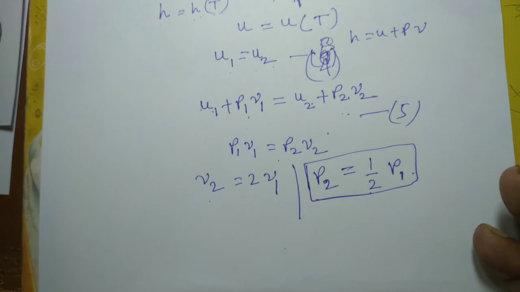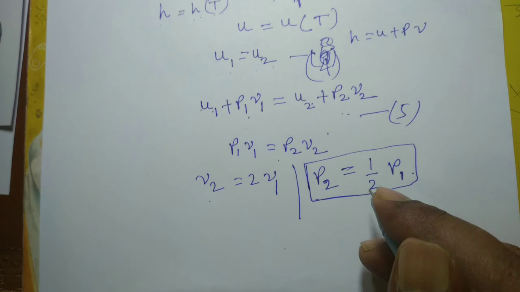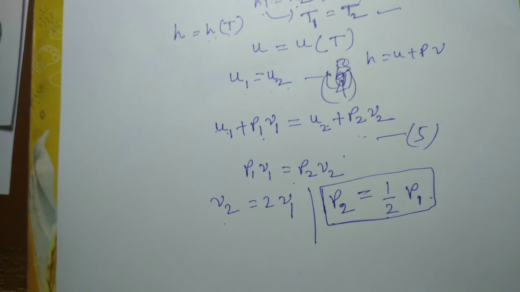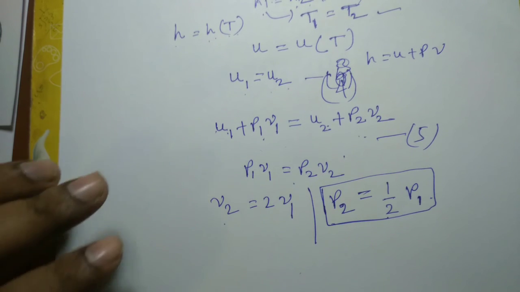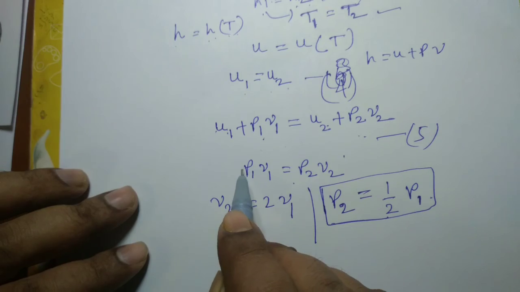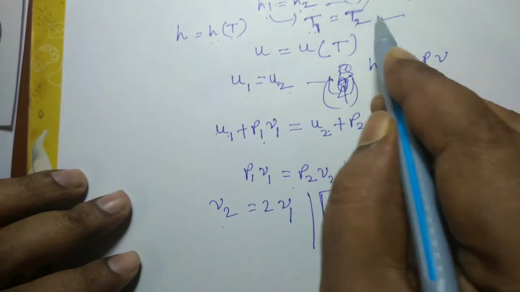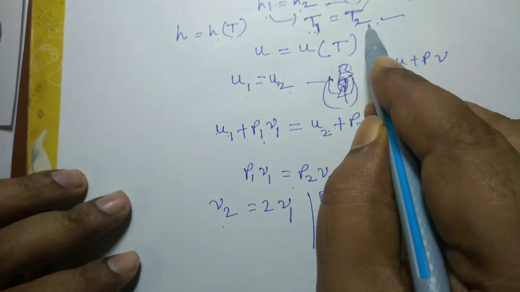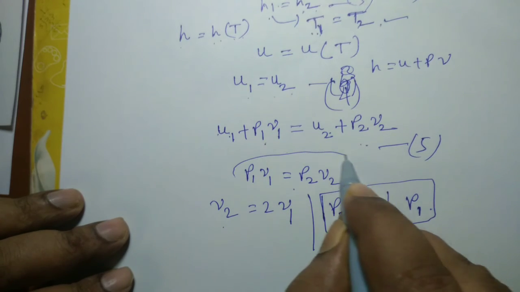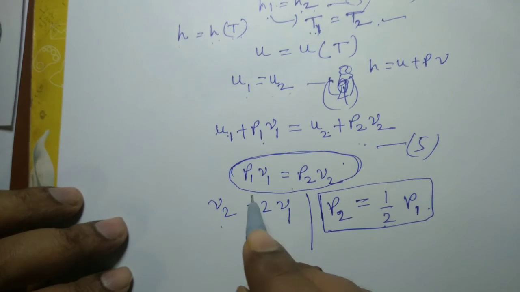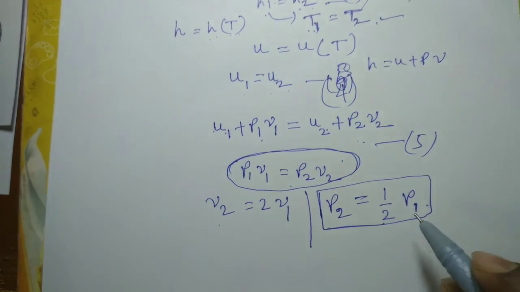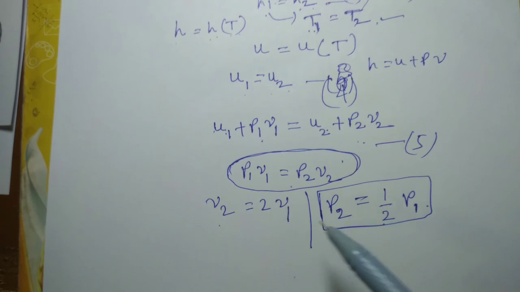That is the case with a throttling device. Pressure at downstream will obviously be less than upstream, and there will be a change in specific volume. So for ideal gas, this is a special case. Temperature T1 at inlet will be equal to temperature T2 at outlet, and the product of specific volume and pressure will also remain the same at both sections.